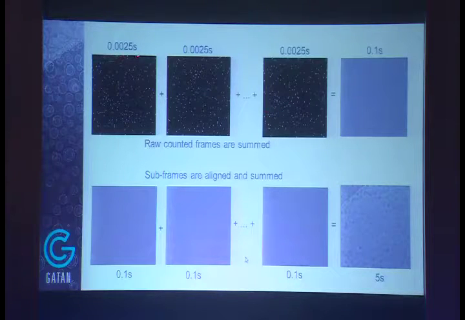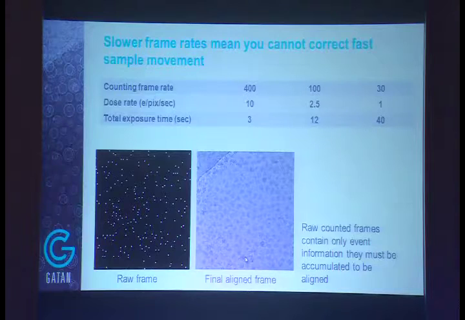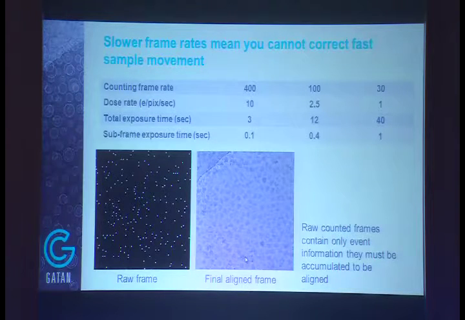So any drift that happened between these frames, you can't correct for, because the raw counted frames don't look like your image. They look like this starry sky, and you won't be able to align this frame to this frame. There's not enough signal and noise in those frames. But you will be able to align this frame to this frame to try and correct for drift. And the consequence of that is that if you're trying to count with a camera that runs at 30 frames per second, your subframe exposure time, instead of being 1/10 of a second, might be a whole second.